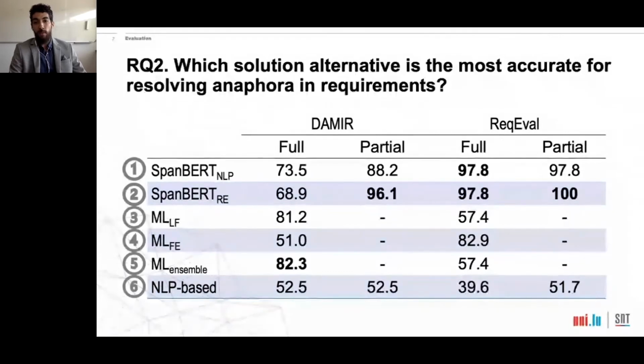For the second research question, we evaluate anaphora resolution using 2 types of accuracy, based on full match and on partial match. As we see, the SpanBERT-based solutions outperform the other ones, and in particular, SpanBERT RE has a slight edge over SpanBERT NLP.